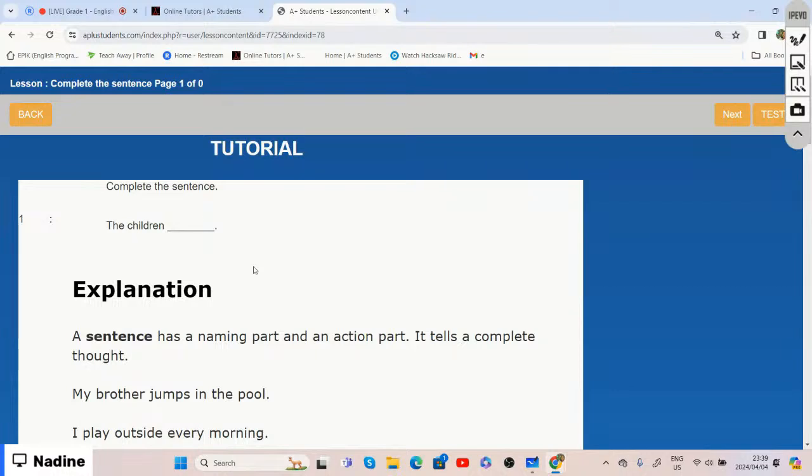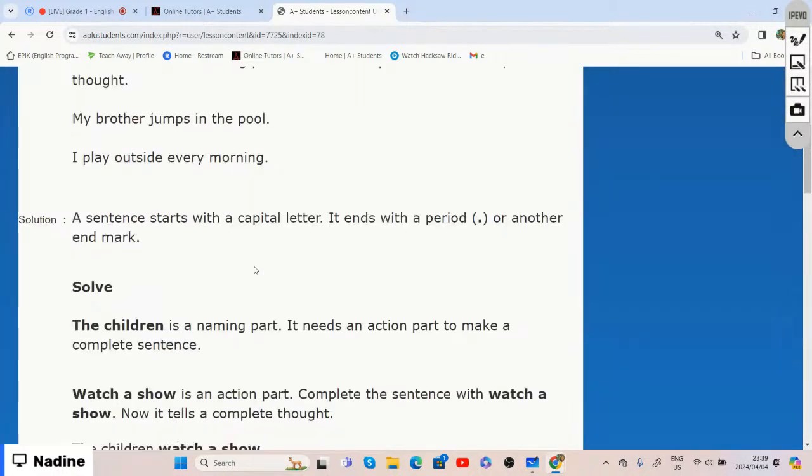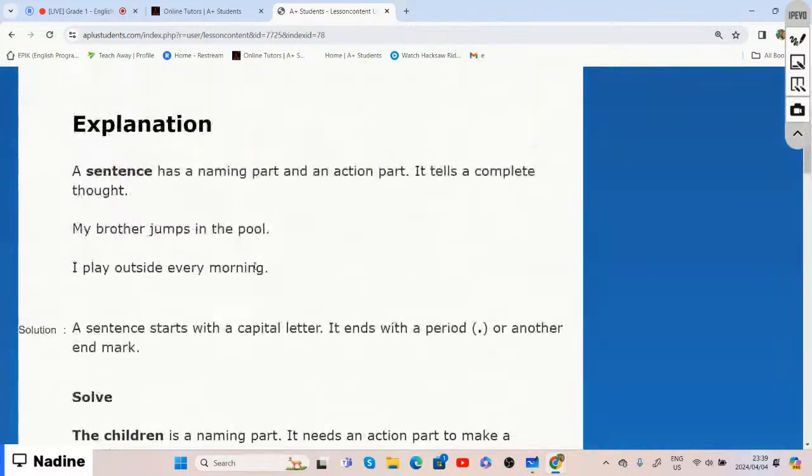So a sentence has a naming part and an action part.